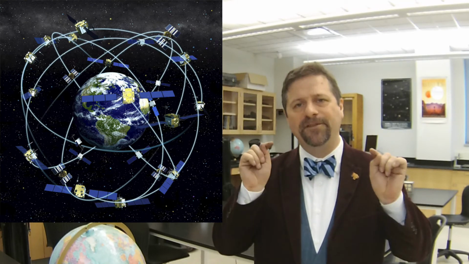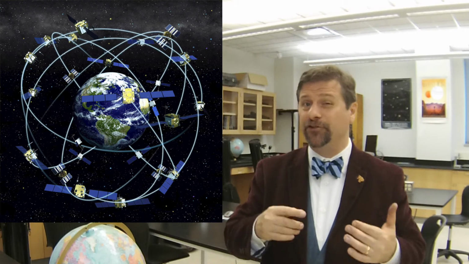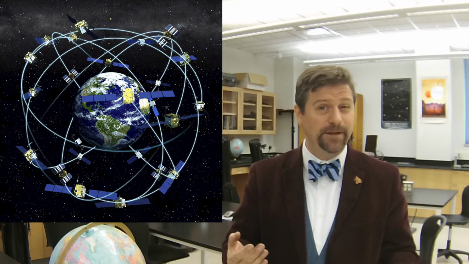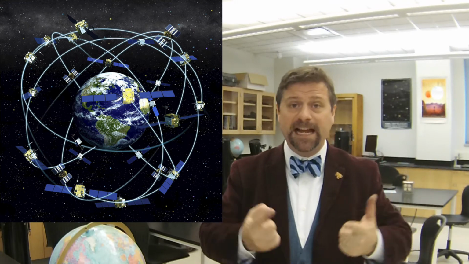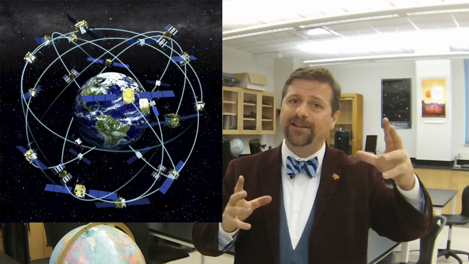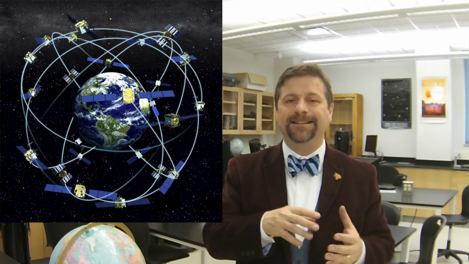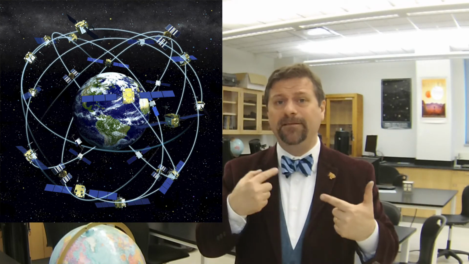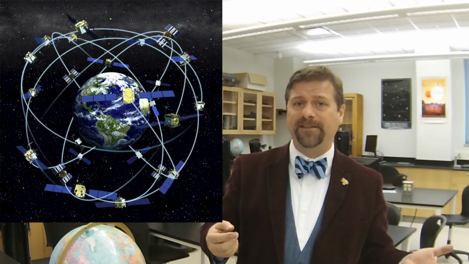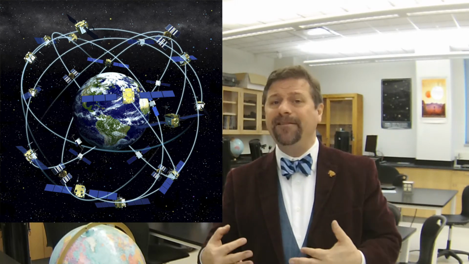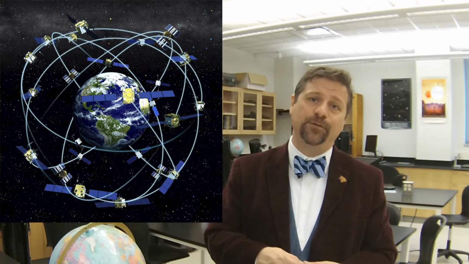If the general relativistic corrections were not put into the software for your GPS system, due to the light travel time and the fact that the Earth has gravitational effects all around it, then you would lose your location on the surface of the Earth by about a mile after about 15 minutes. So you have to take into account general relativity in order for the global positioning system to work.